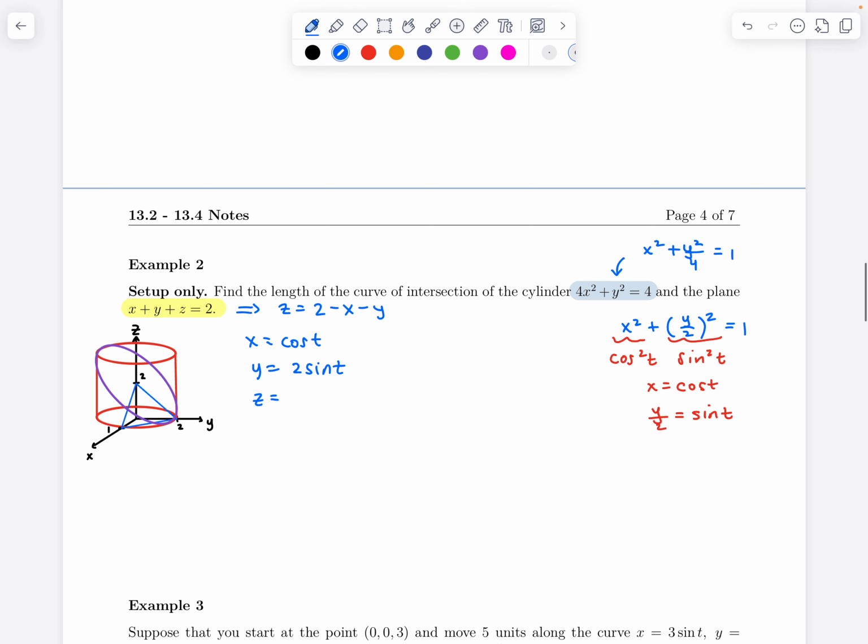And if I have that, I know what my x and y equations are in terms of t. So now I can just sub in cosine t for x and 2 sine t for y, and that will give me what the z coordinate should be for this curve of intersection. Oops, that should be minus 2 sine t.